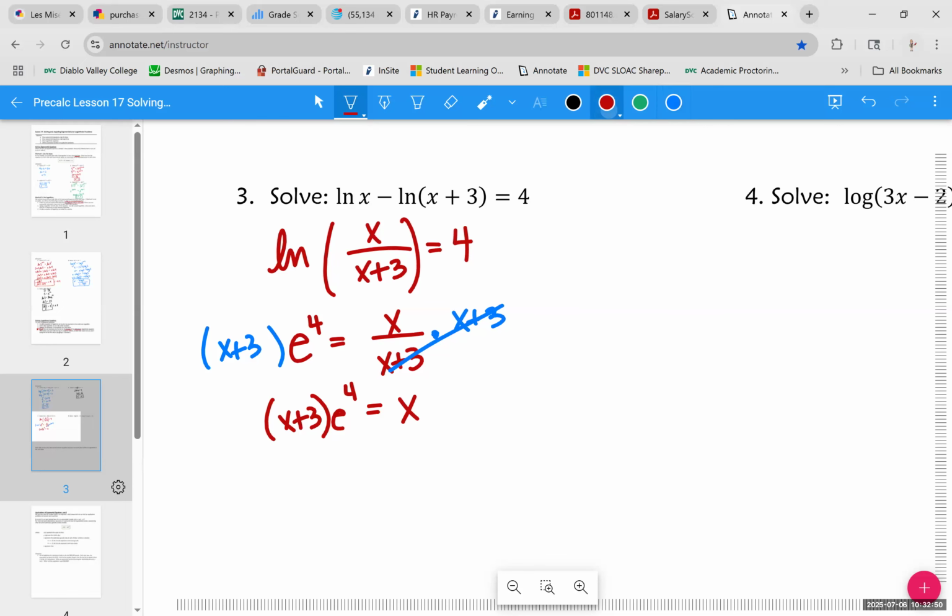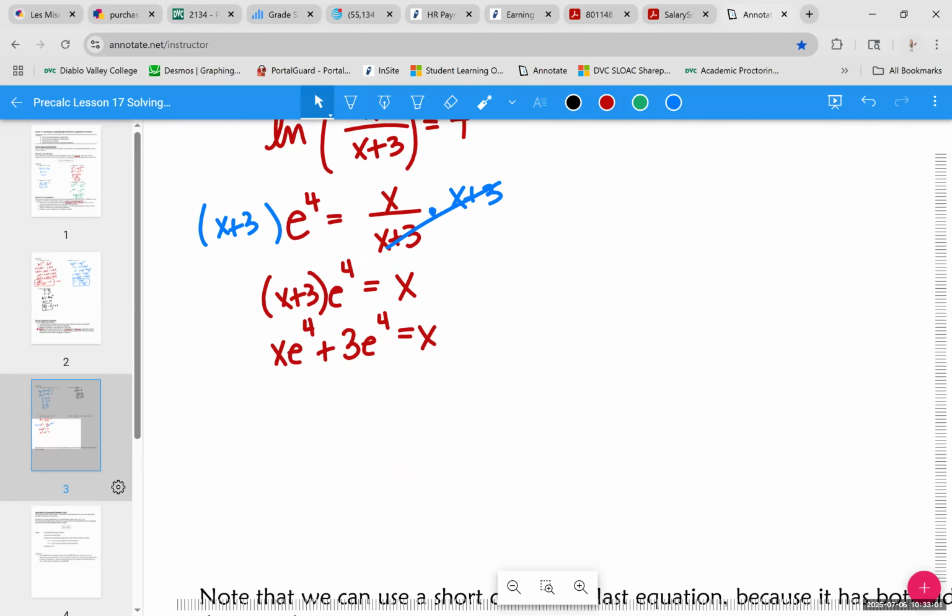I've got 2 x's and one's kind of stuck inside the parentheses, so I am going to have to distribute that e to the 4th so that I can work on getting all my x's on one side and factor it out.